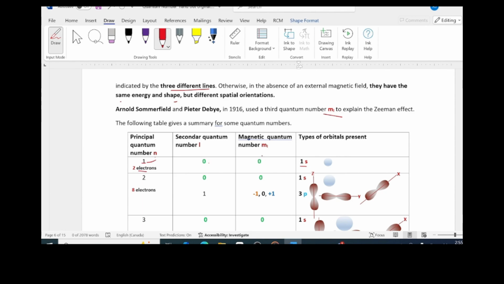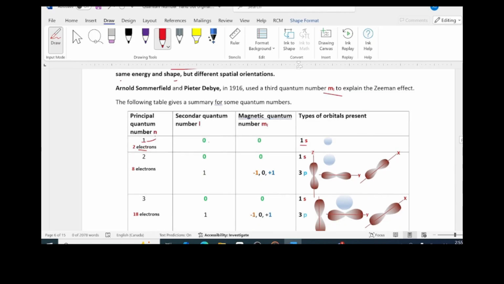And because they don't make an angle, they have a magnetic quantum number of 0. So 2 things to know about s orbitals. You'll do the shapes later on, I'm just preempting that a little bit. All s orbitals will have 0 secondary quantum number and 0 magnetic quantum number.